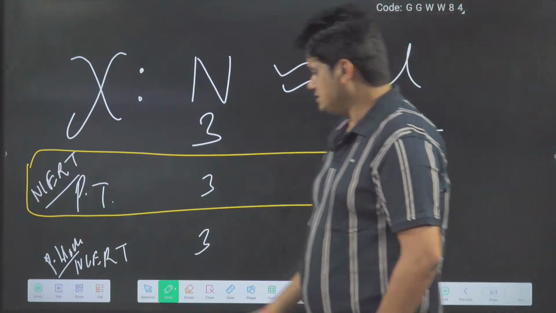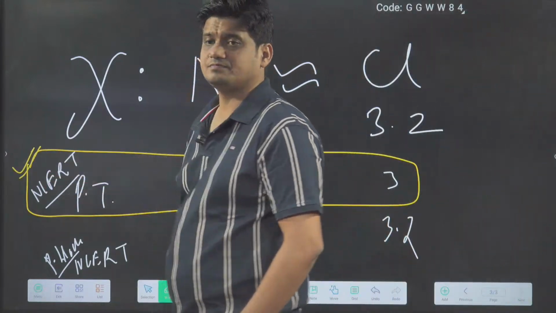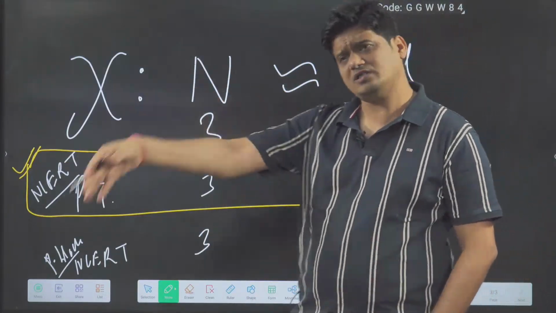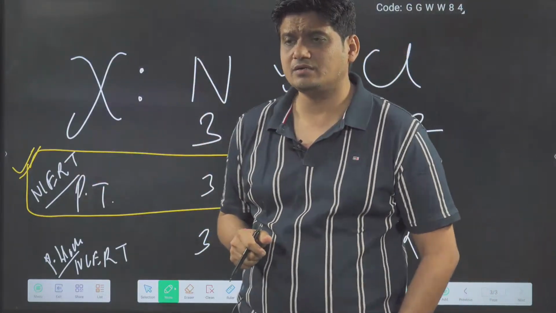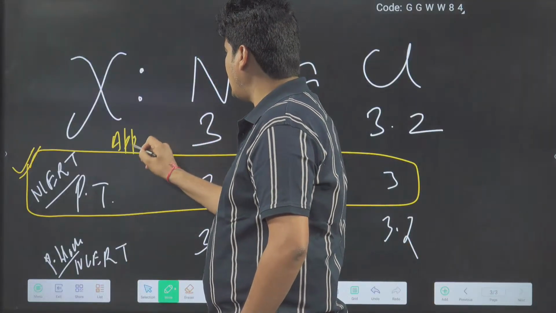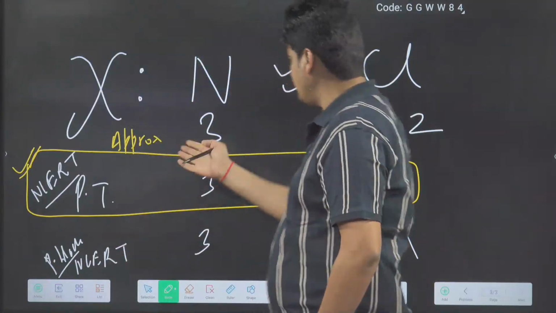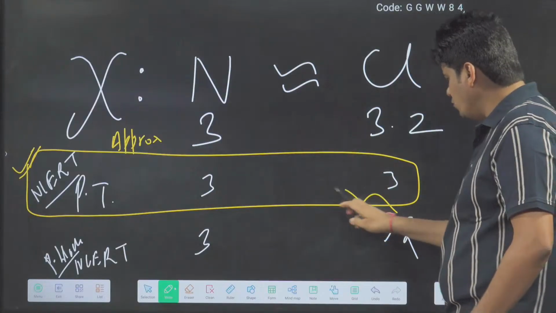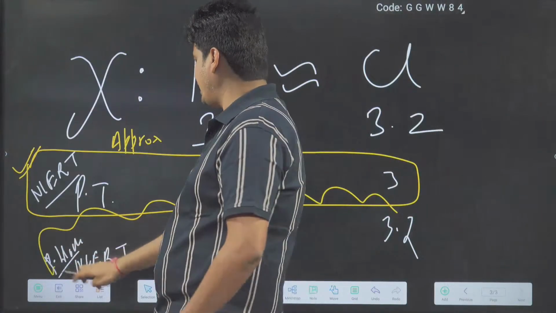In both cases NCERT can justify I am correct. When they are speaking in the periodic table, they are saying approximate values are given in that table. So when they say approximate values are given, it is approximately 3 and 3, correct? And when they are writing values in P block, they are not giving any disclaimer.